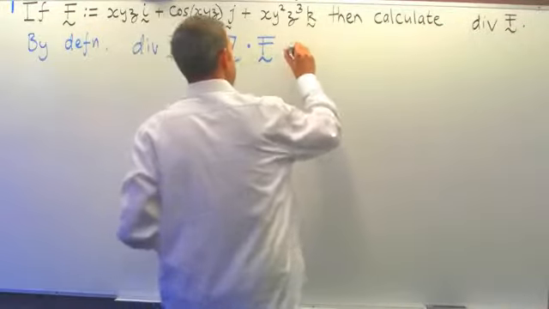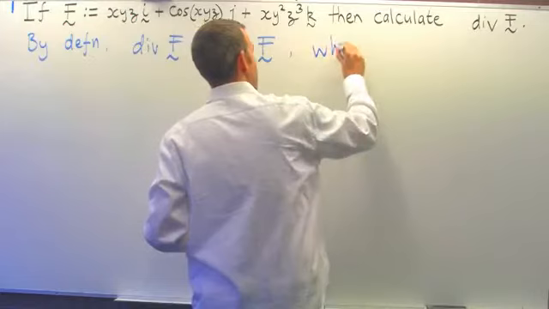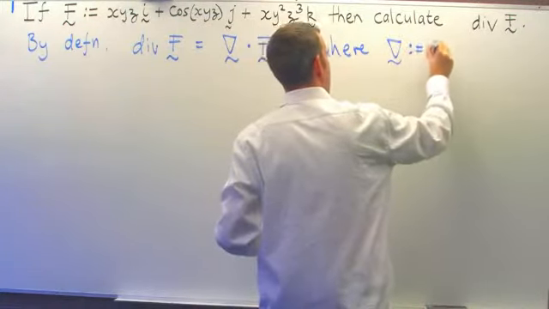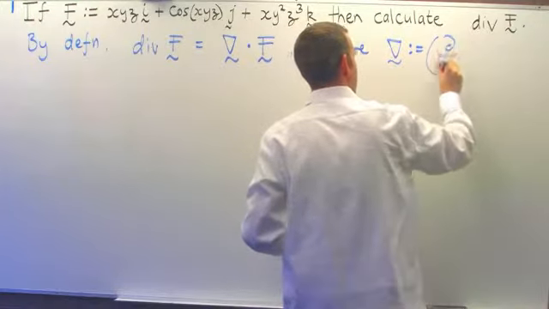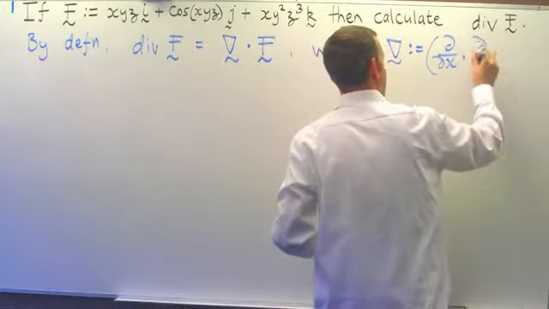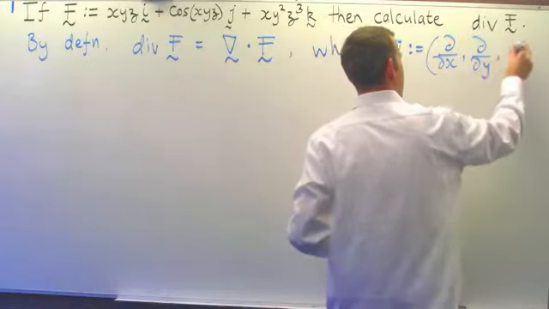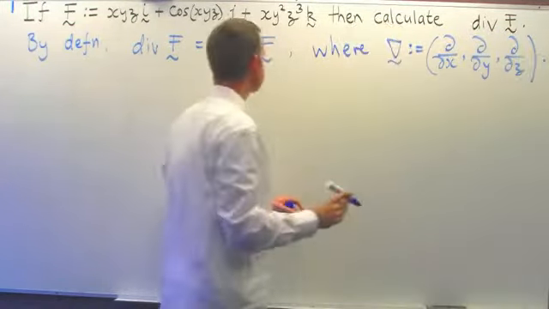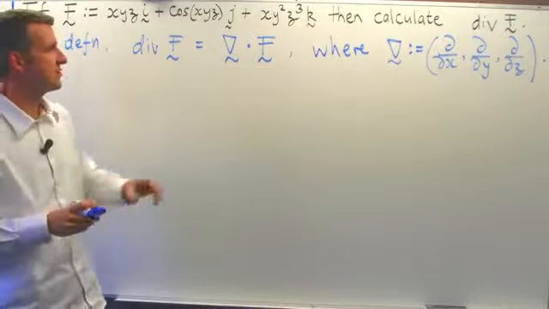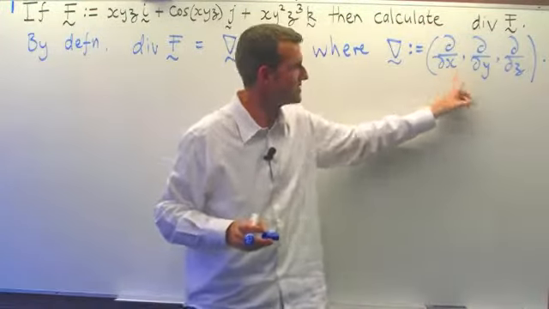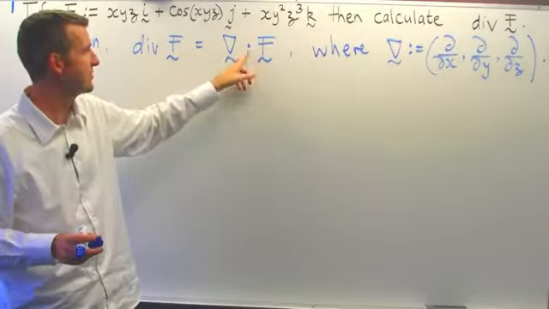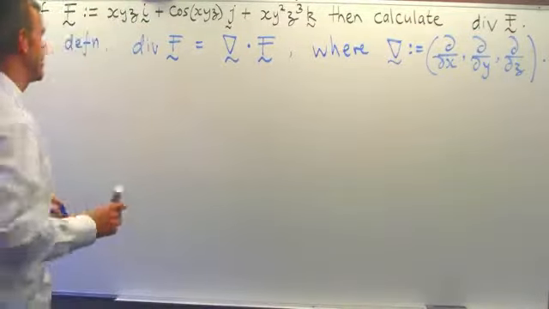Okay? So when we talk about divergence, we mean that this symbolic operator is operating on our vector field through a dot product. Okay?